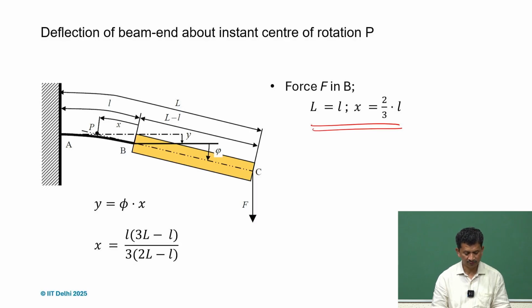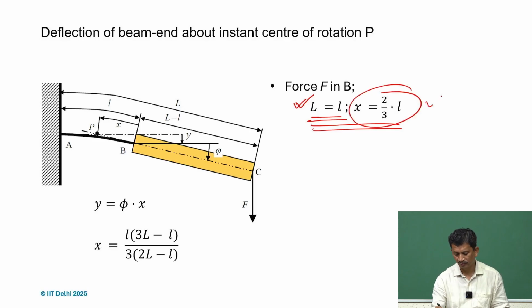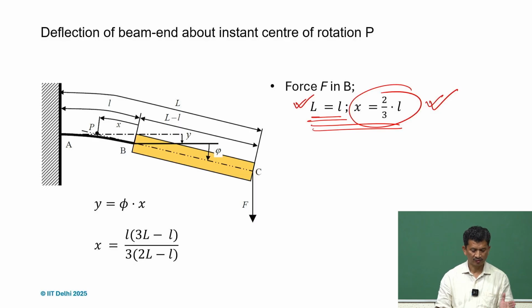In that case, capital L is equal to small l, the length of the flexure part or the compliant part itself. When we substitute, we get this relationship. So x is 2/3 of the length of the compliant part from B, but from A, it will be 1/3. So be aware of that.